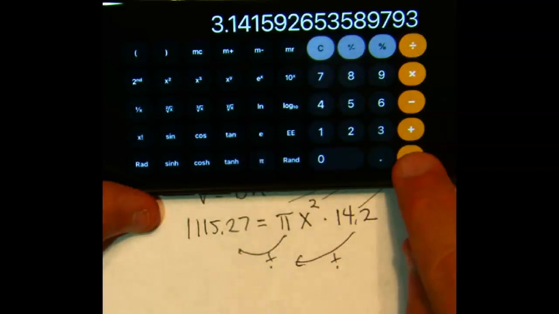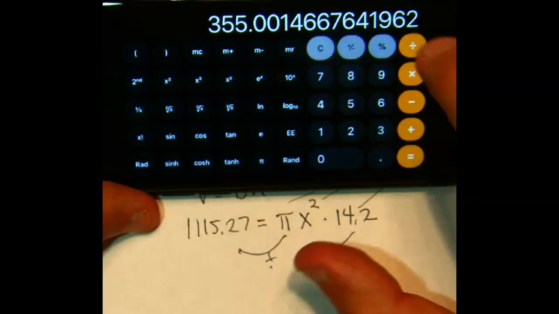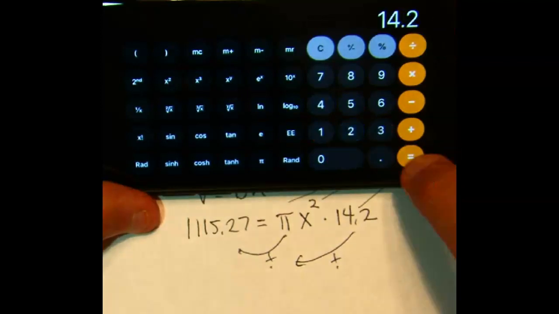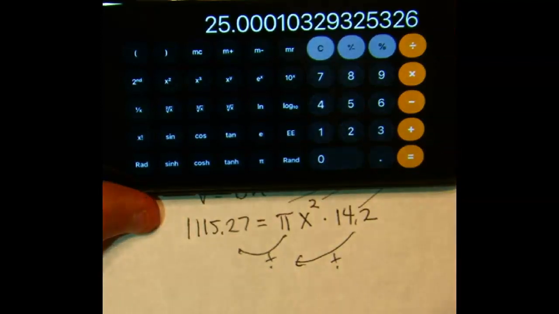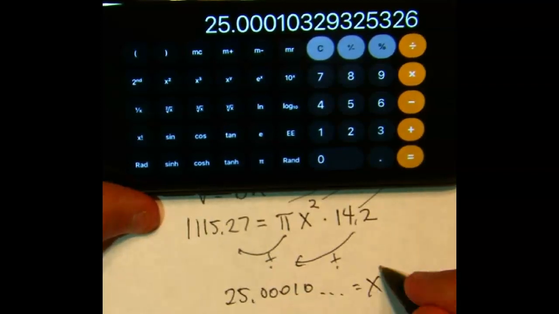Don't forget to press equals. Now divide by 14.2, equals. So we get 25.0001, and so on. Once you get to this point, you're going to get x squared.